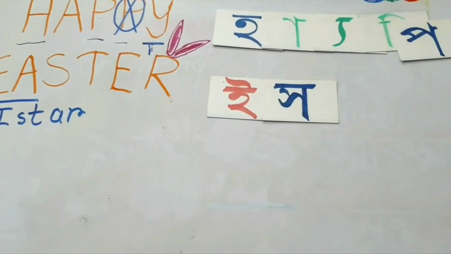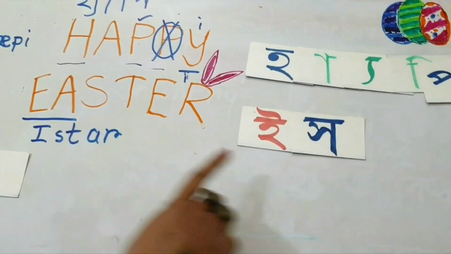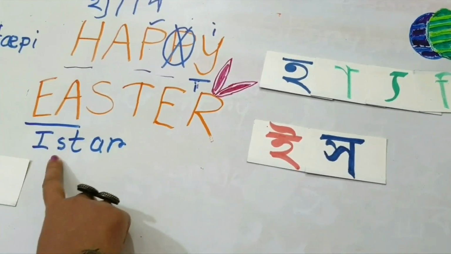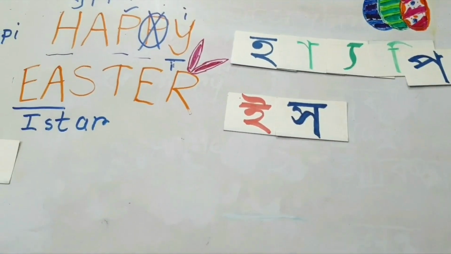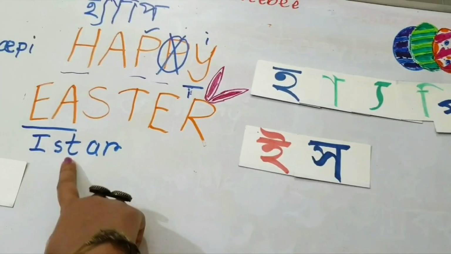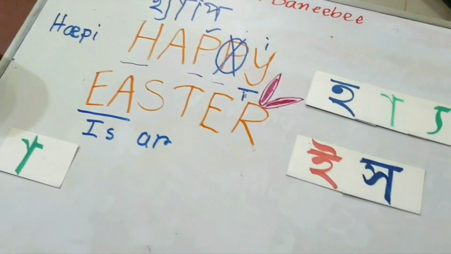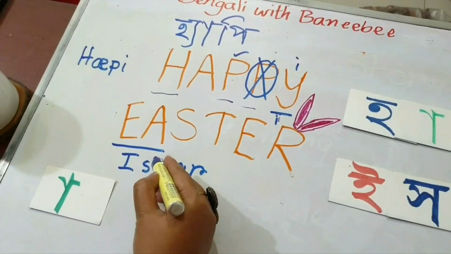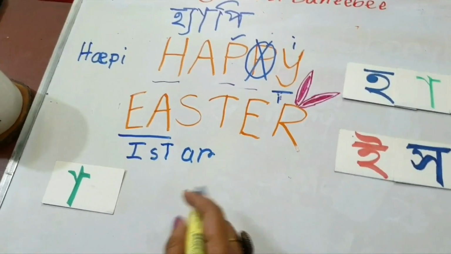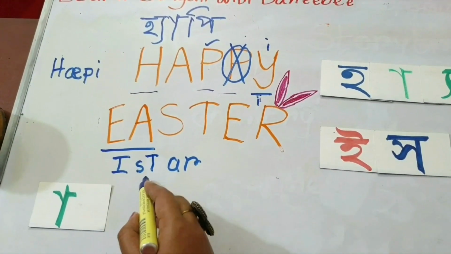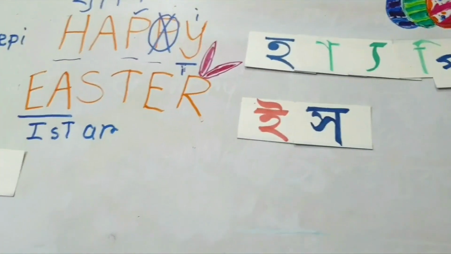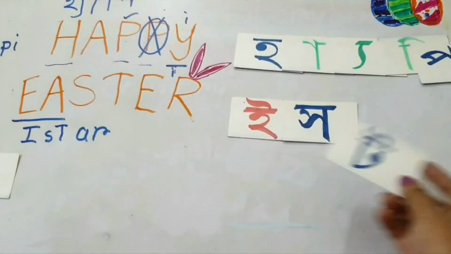So I got E, then I got this shaw sound. Then I will need the dental T. Oh, I should have written this T, because this small t is for the dental thaw, but this is taw. So I will need this letter taw.